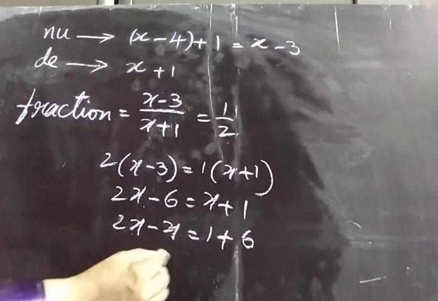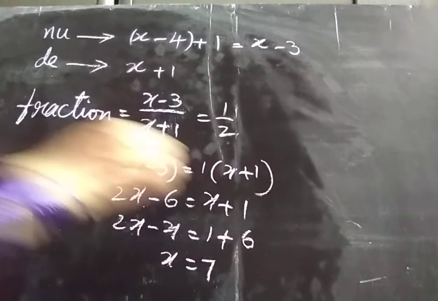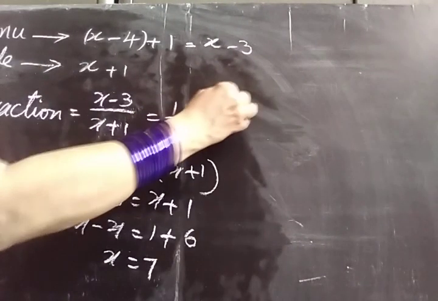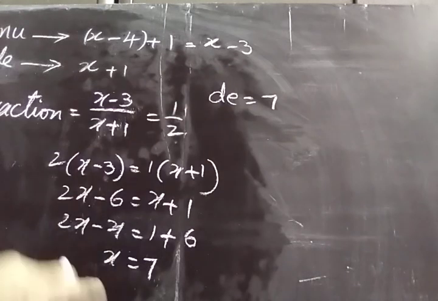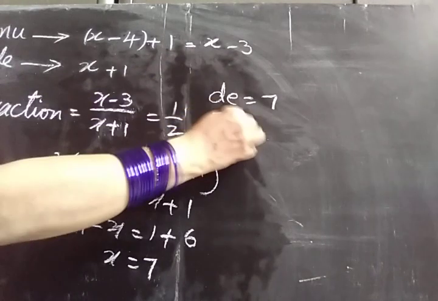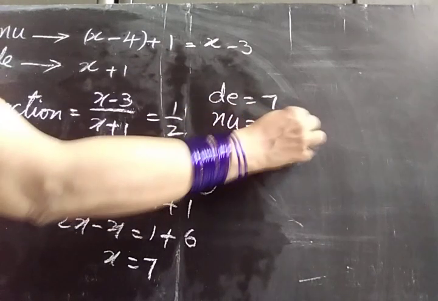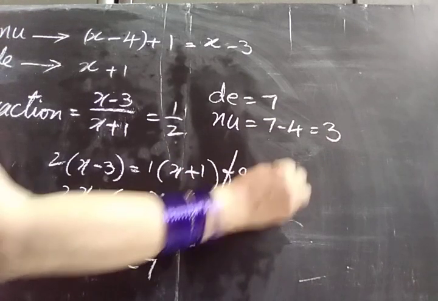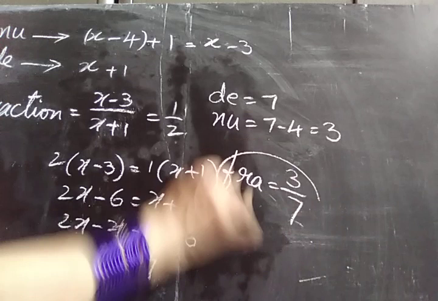So 2x minus x is equal to 7. x means denominator. So now the fraction denominator is 7 and numerator is 4 less only, na? 7 minus 4, that is 3.